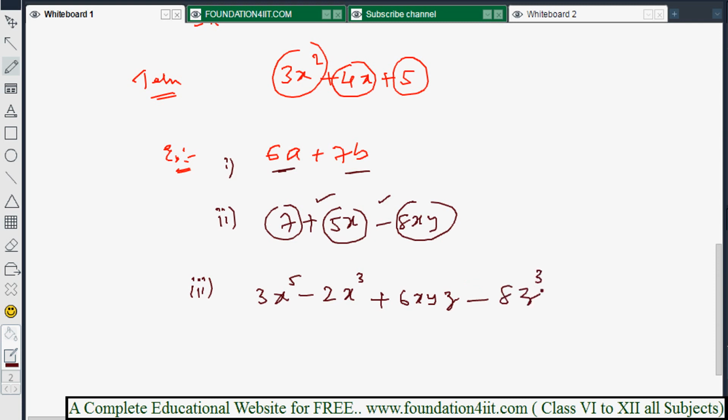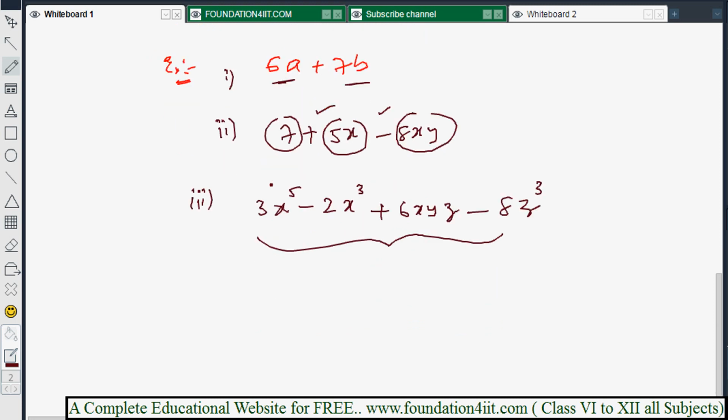So this is an algebraic expression. Which contains how many terms? There are 4 terms, right? Namely 3x power 5, this is one term, and minus 2x cube, 6xyz, and minus 8z cube. These are all adding, adding with negative or positive.